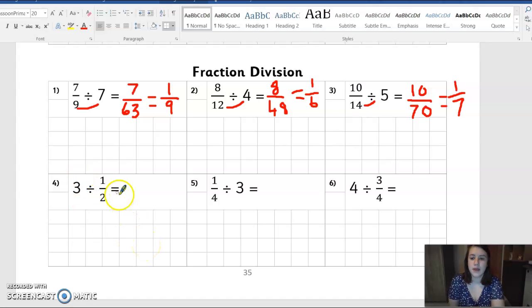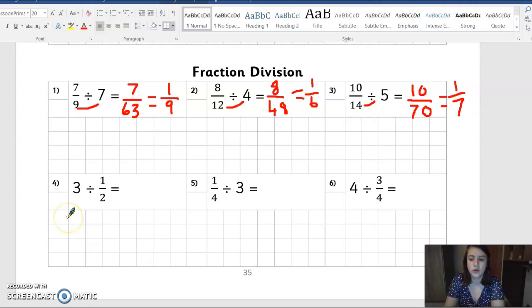So you may have done this with Miss Garraway, or this may be completely new for you, but I'm going to explain how we do it anyway. So this is completely different because it's as if we have got 3 wholes and we're dividing them between half people, half of anything. So it's not quite the same.